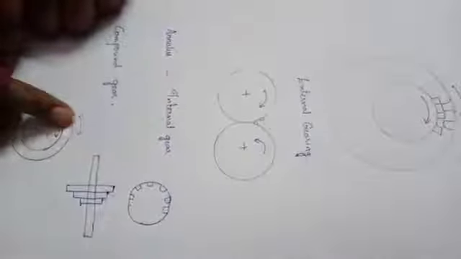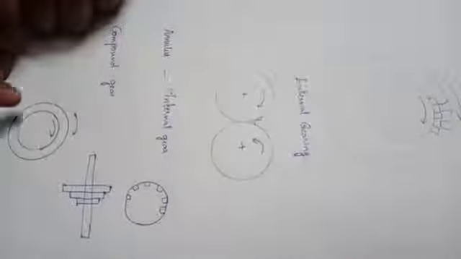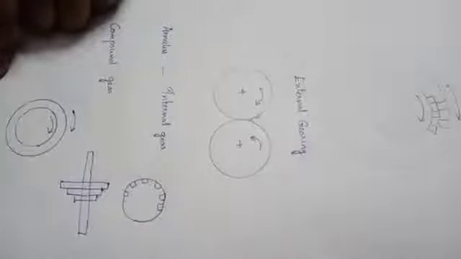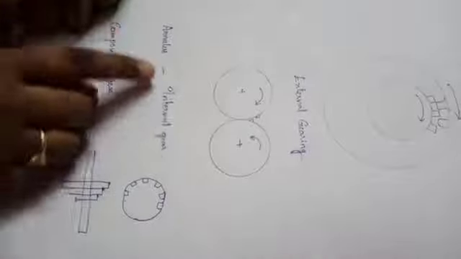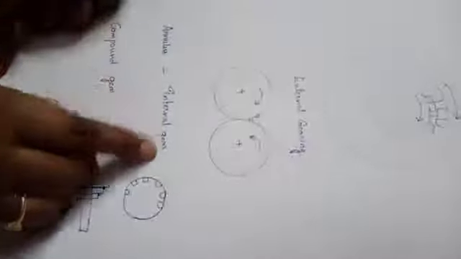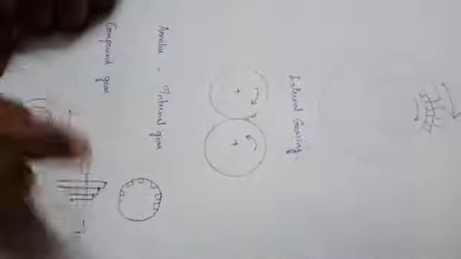In compound gear, in a single axis you have 2 or more gears. In the problems almost 2 gears only they will give, and both gears rotate in the same direction. The internal gear, they may call it the annulus wheel also. The internal gear is nothing but the teeth are designed in the internal way.